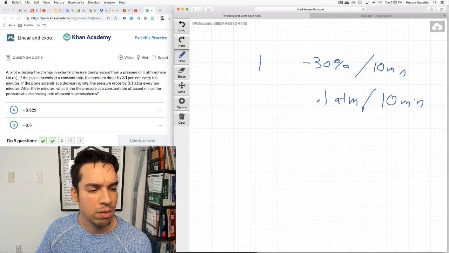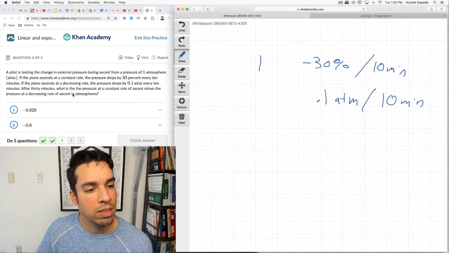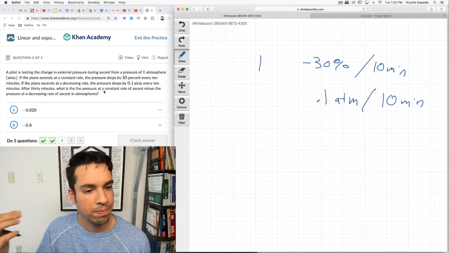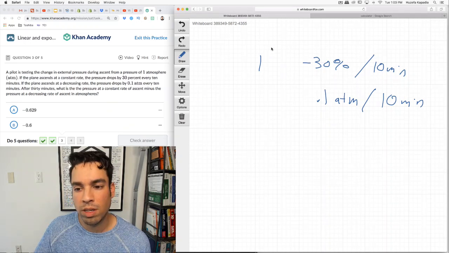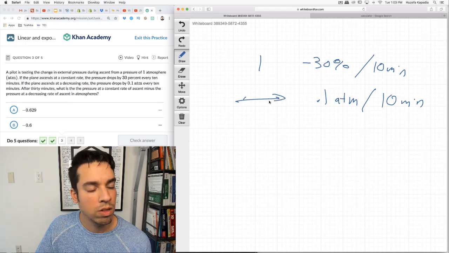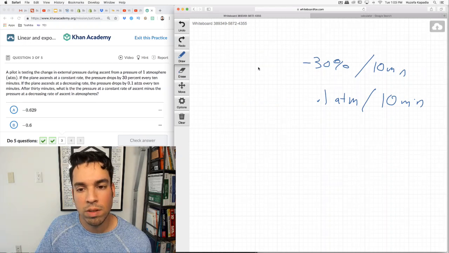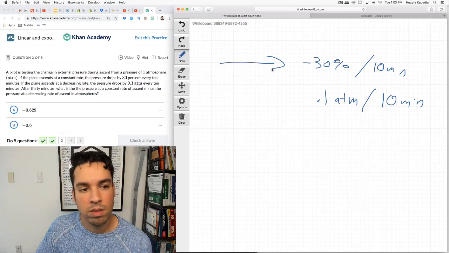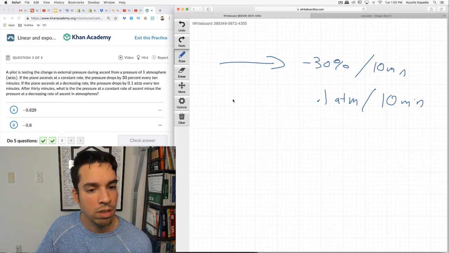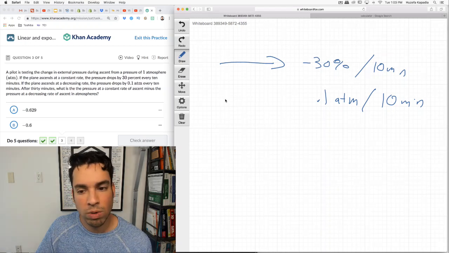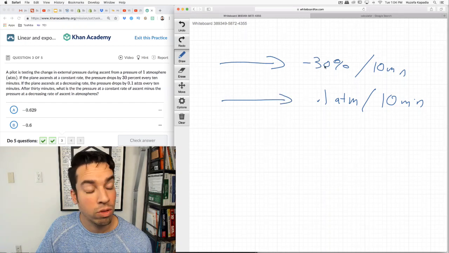Same type of problem. After 30 minutes, what is the pressure at a constant rate of ascent? Constant rate's up top. So it's this one minus the pressure at a decreasing rate of ascent, after 30 minutes.